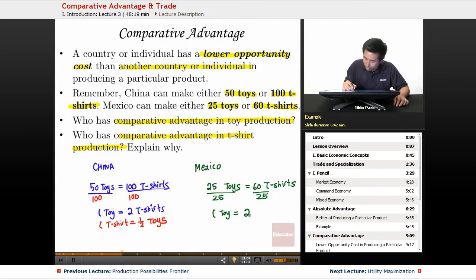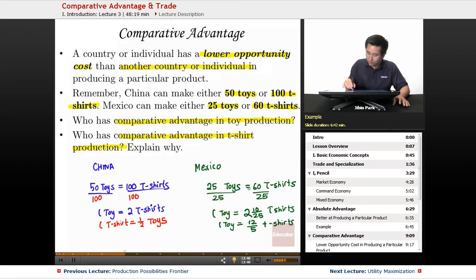If you break that down, that's going to be 2 and 10 over 25 t-shirts. Now, if you break that down, 10 over 25 is 40%, which is 2 over 5. So one toy equals 2 and 2 over 5, which is equal to 12 over 5 t-shirts. So 2 and 2/5, which is 12 over 5 here.